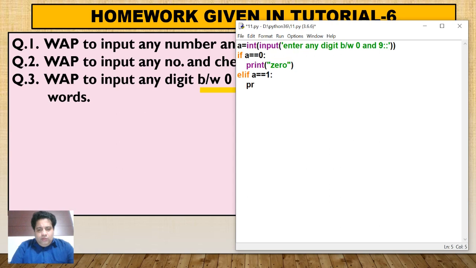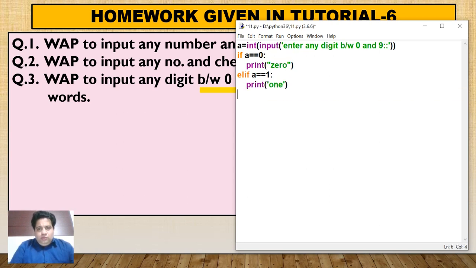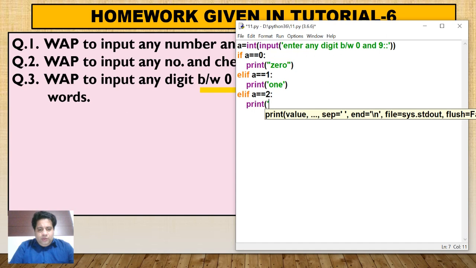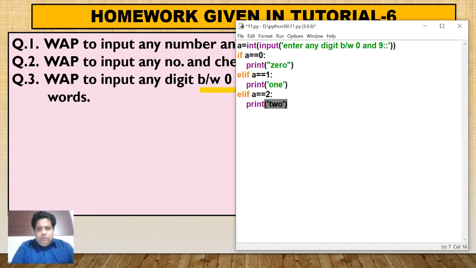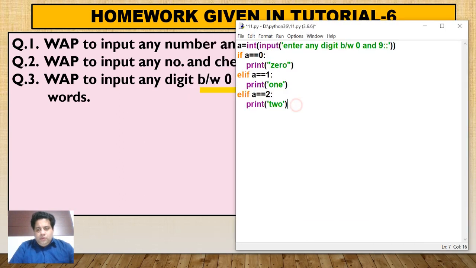If A equal to 1, print 1. Elif A equal to 2, print 2. Elif A equal to 3.